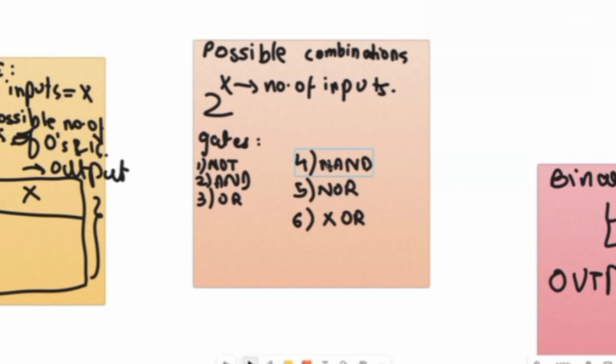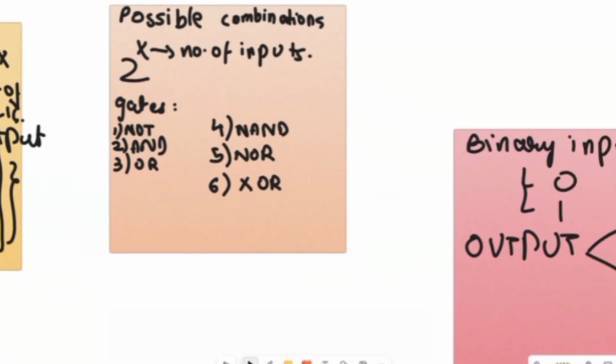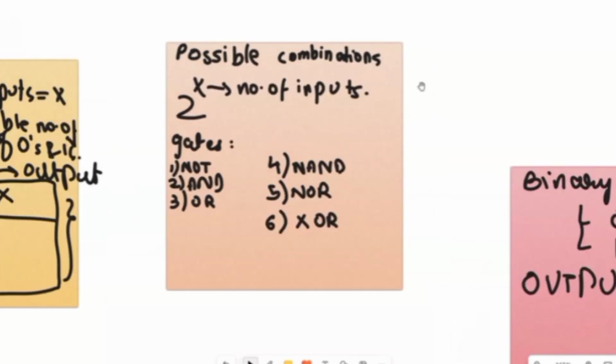How do you determine the number of combinations that are possible? Whatever your gate is, your input is either a 0 or 1 always. So the number of inputs that you're giving is either 1, 2, or more. What does that mean?